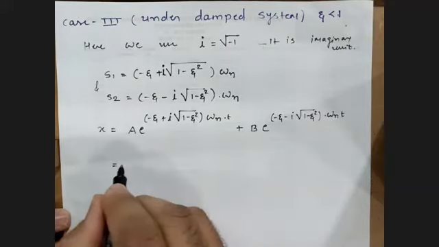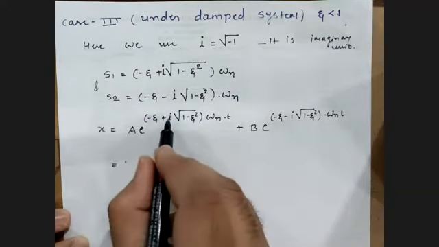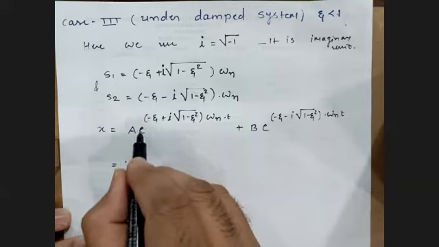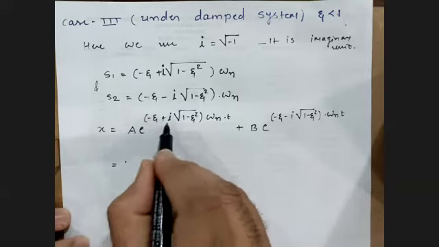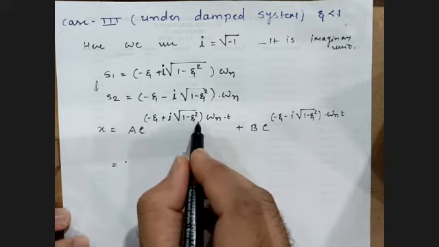What can we do now? You can see we can split this. This is nothing but e raised to minus zeta omega n t as one term, plus e to the power of the other term.